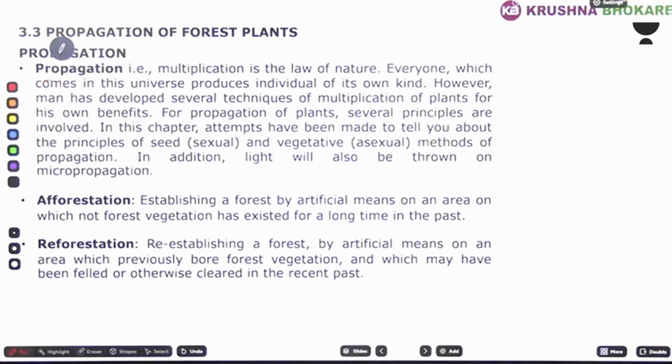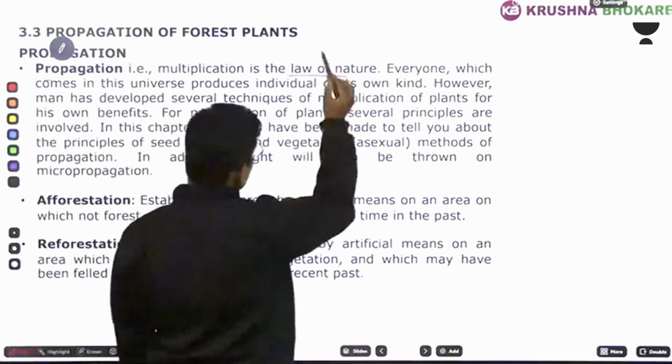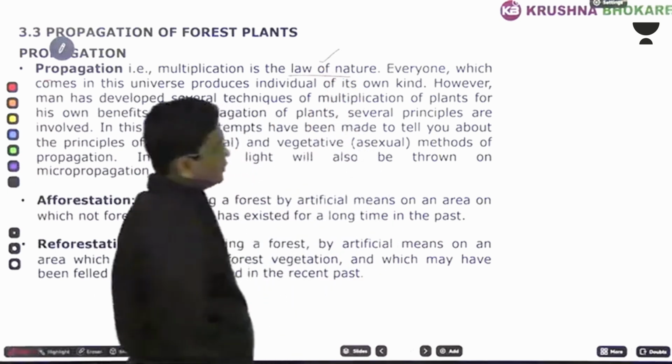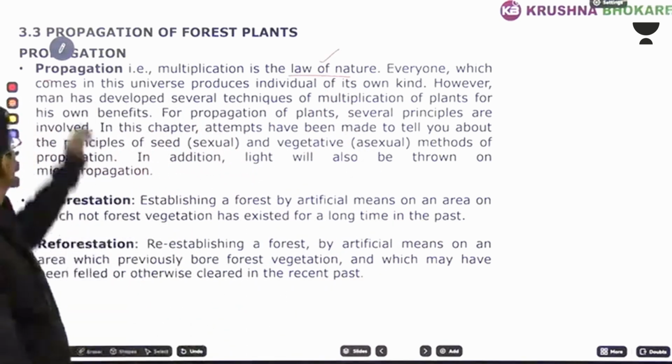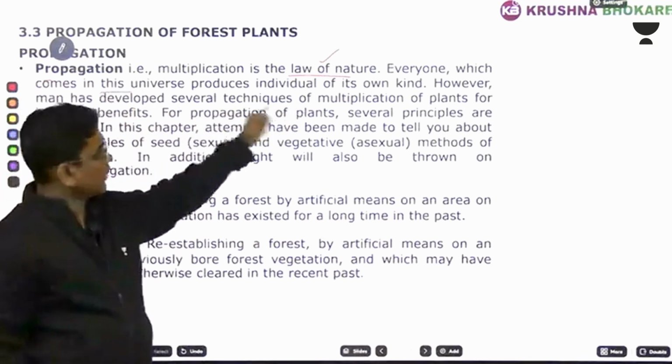That's why they exist on the surface of earth. If there is no propagation, there will be extinction, है ना? So multiplication is a law of nature. Each and every living thing has to follow this. Every living thing which comes on this universe produces individuals of its own kind.